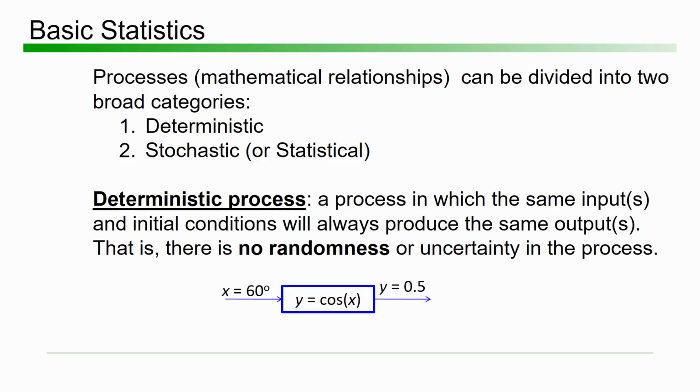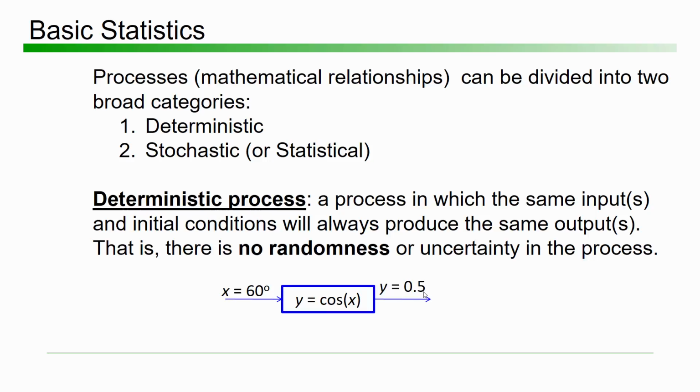Now, a deterministic process is something where the outcome of the process is always perfect and it's exactly a certain number. As an illustration of that, consider if you have an angle of exactly 60 degrees and you put it into the cosine function, then what comes out of that cosine function is the number 0.5 with perfection.